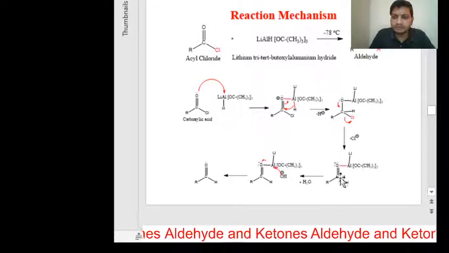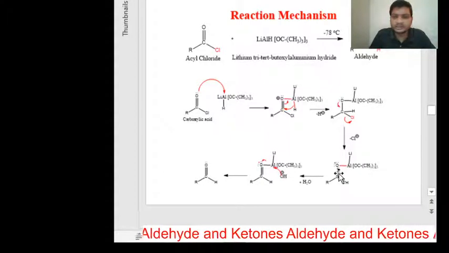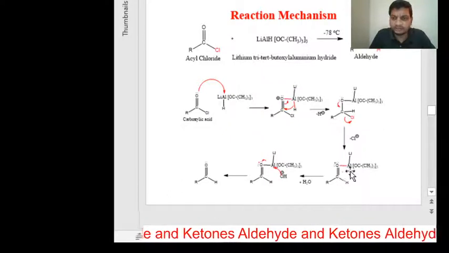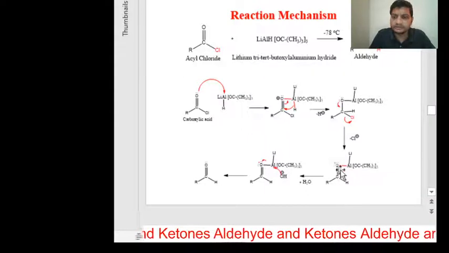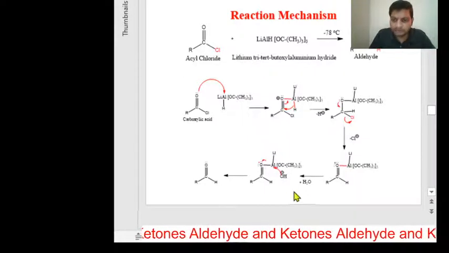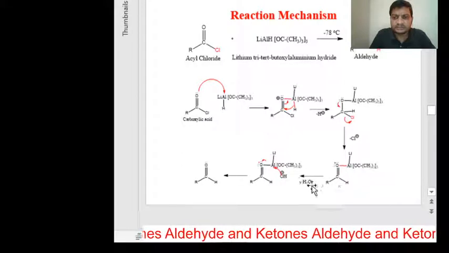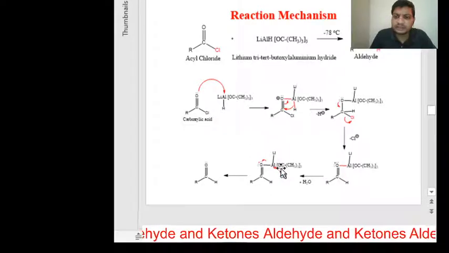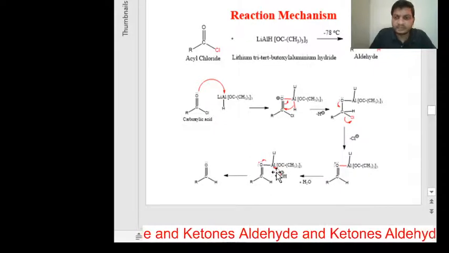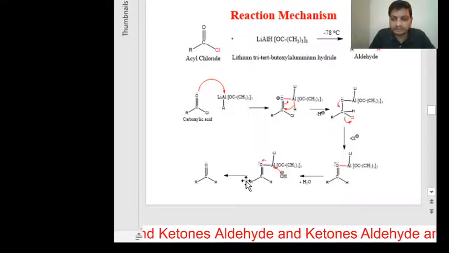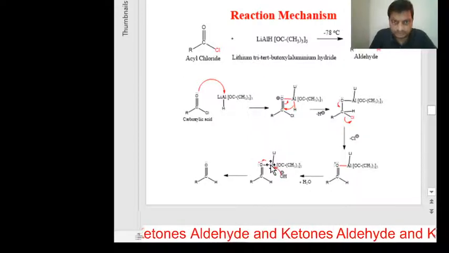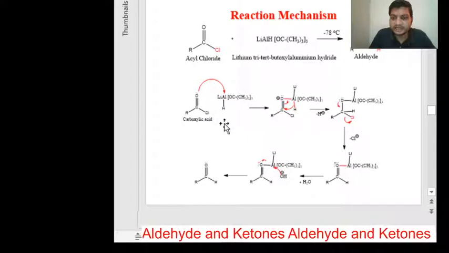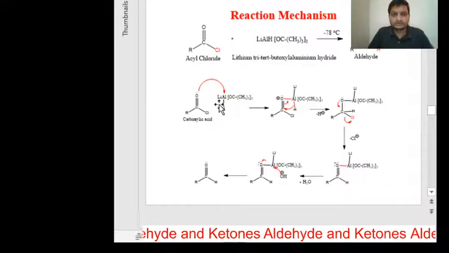So a double bond is formed between the carbon and the oxygen, and this is the hydride we have got from the aluminum. Then hydrolysis of this complex by addition of a water molecule, which reacts with the aluminum, and the lone pair of electrons again shifts towards the oxygen. So basically there is a hydride shift. It is an important step of the reaction.